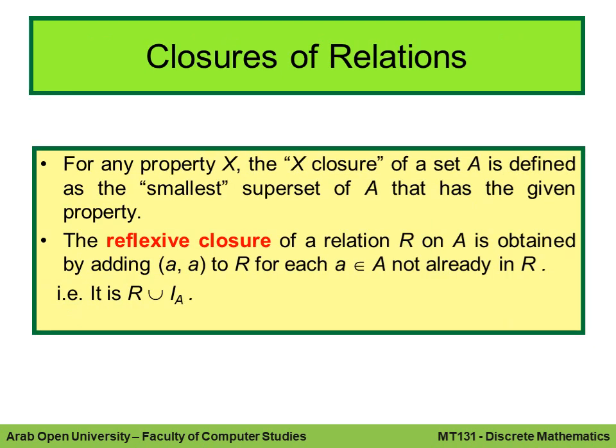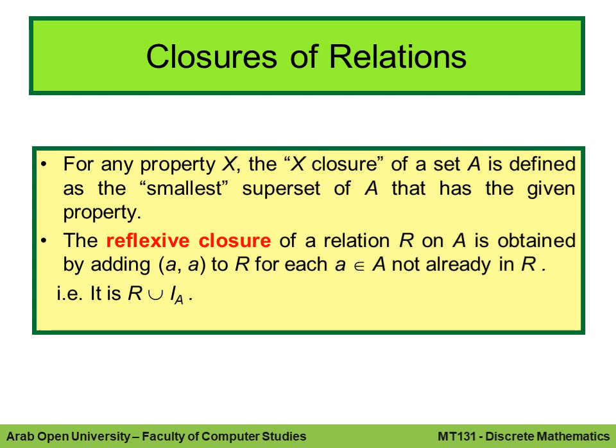The closure of relations for any property. Now we have seen, for example, with the property of being reflexive, to be reflexive, you need every element to be related to itself. Sometimes many of the elements are related to themselves, but not all. The idea of the closure of a relation is that if there are missing ordered pairs, you can add those ordered pairs until the relation has that property.